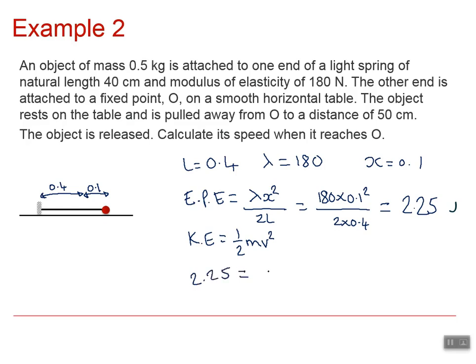So 2.25 is equal to a half times 0.5 times our speed squared. So we end up with a speed of 3 meters per second.